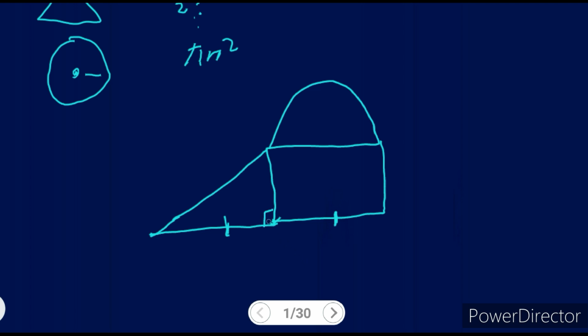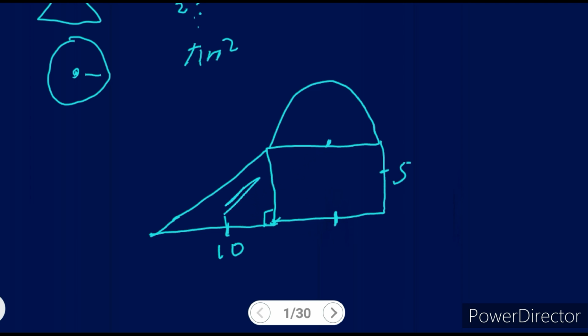And this is perpendicular, and let's just say you're told that this is 10 units. And let's say this side is 5 units.